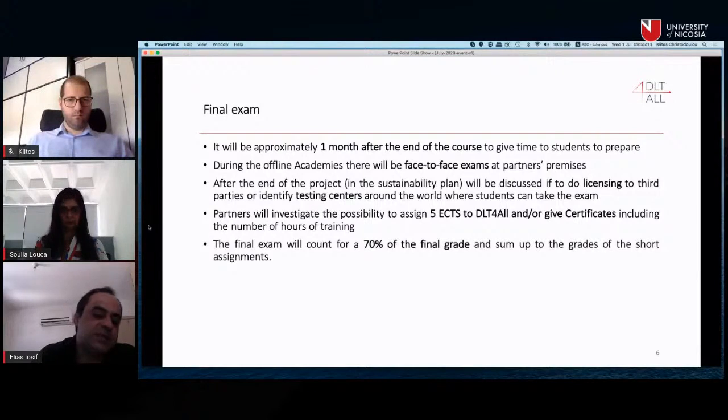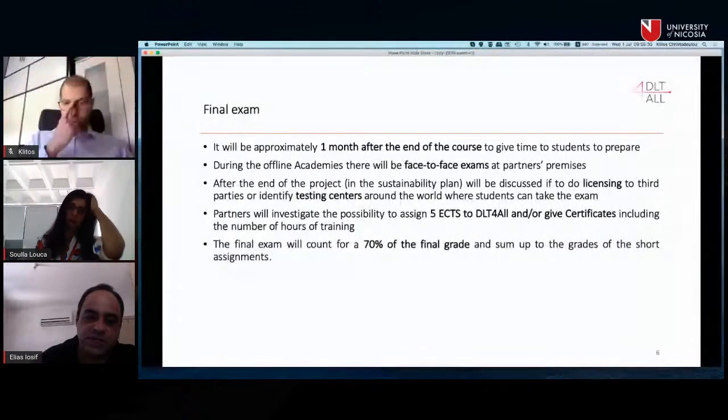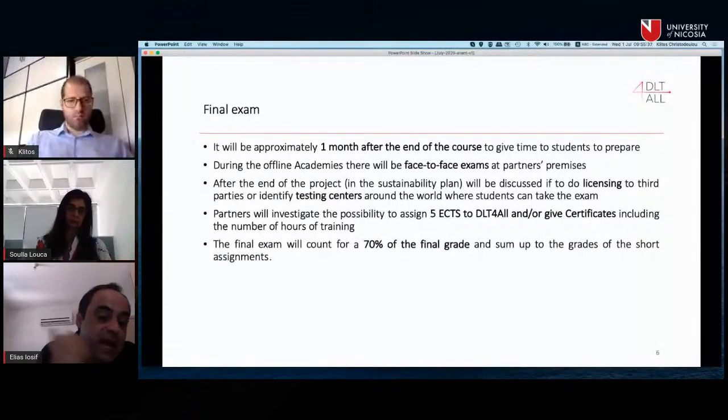And as Sula mentioned in the beginning, a number of DLT4ALL partners are universities, and based on that, we are investigating the possibility to assign 5 ECTS to the entire DLT4ALL material, and this decision is going to happen at the individual level. I mean, each university is going to see how this is feasible and how this fits with the respective academic program of the university.